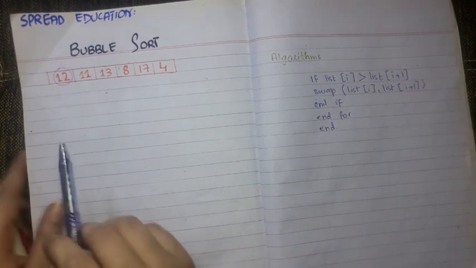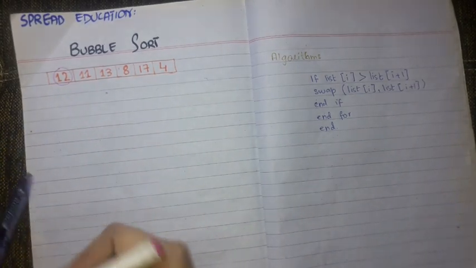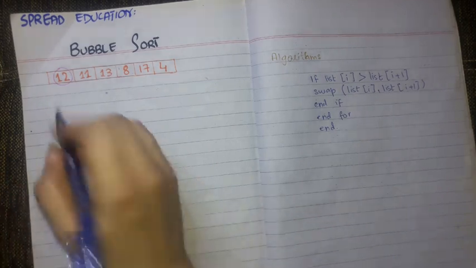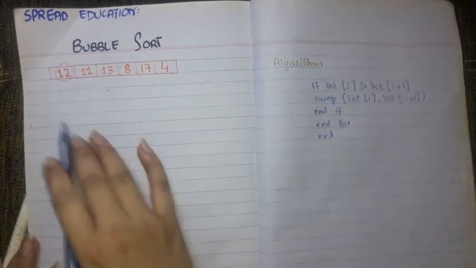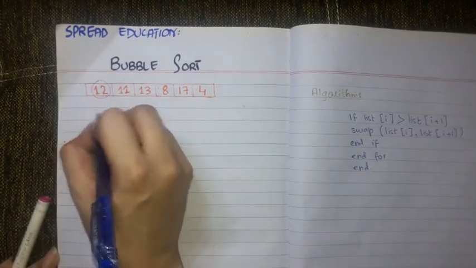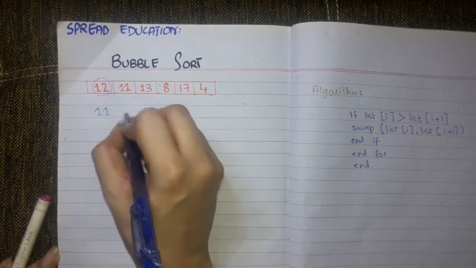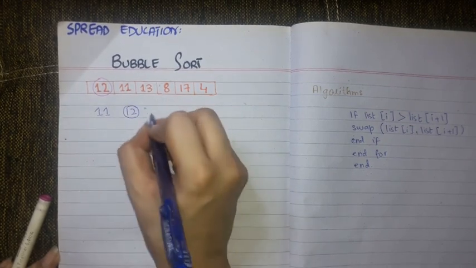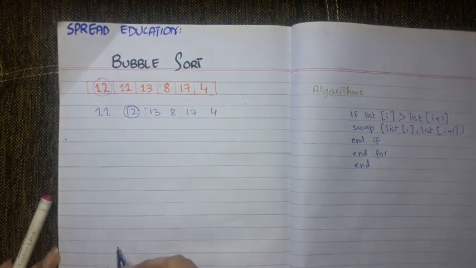Compare this bubble element with the adjacent element. It is greater than 11, so 11 and 12, and all the rest of the elements remain the same.